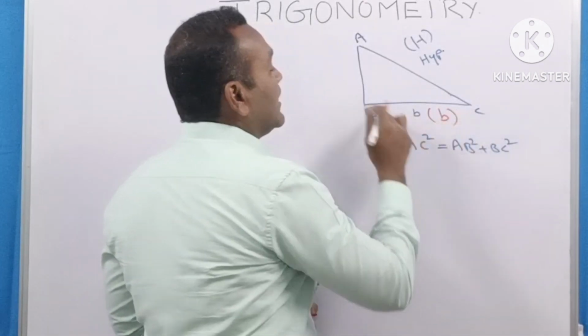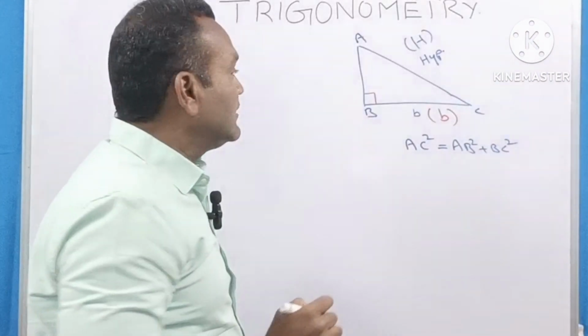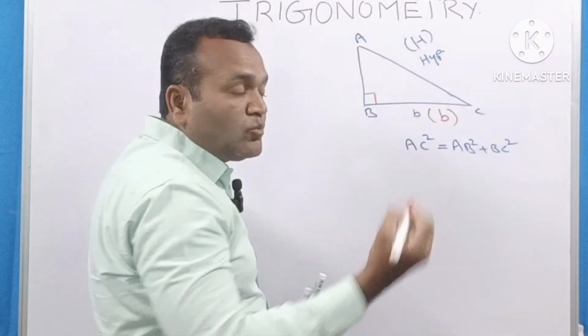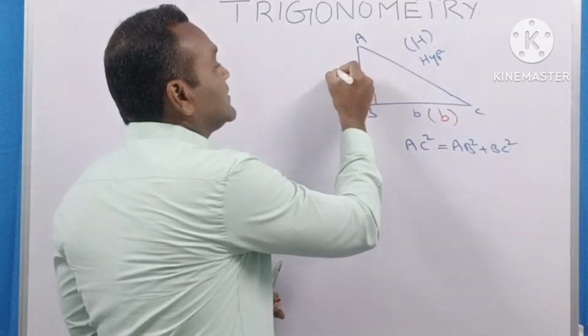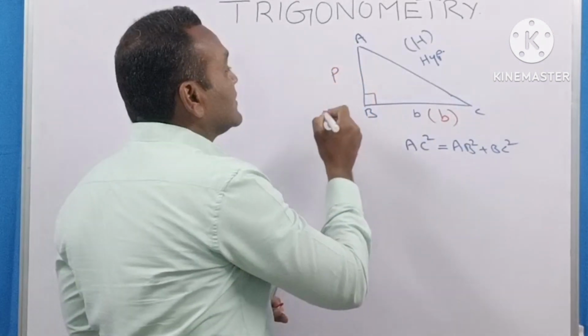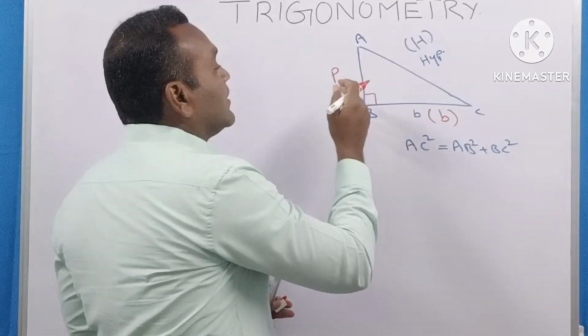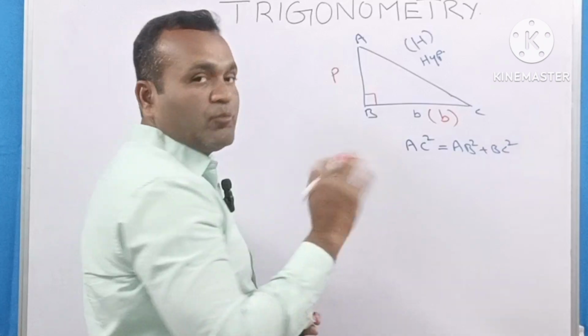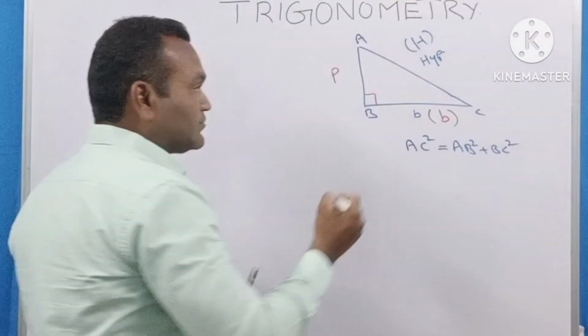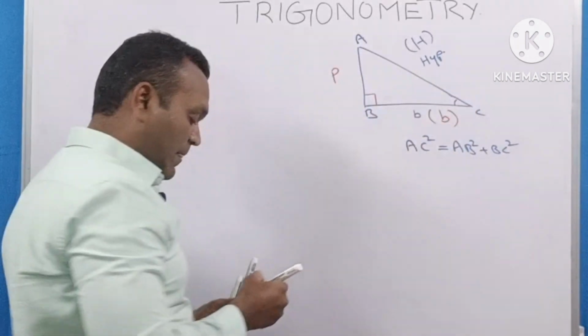This is B, and since it is a right angle triangle, this other side is, in a few books, mentioned as the perpendicular, or in a few books as the opposite side. If this is the angle here, this is opposite of this angle.